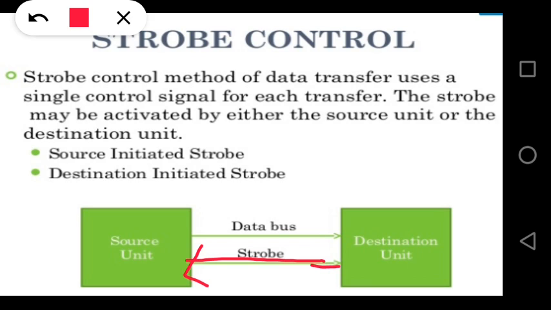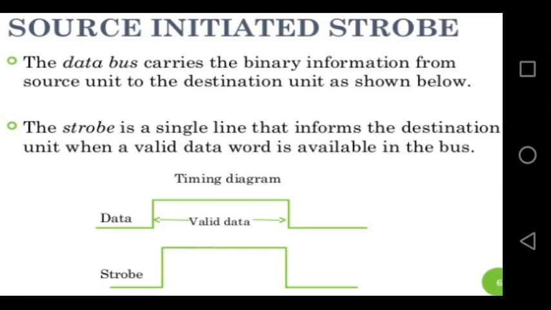So the strobe control method again can be divided into two types. One is source initiated and the other is destination initiated. If it is a source initiated data transfer, let us understand a special diagram called timing diagram.